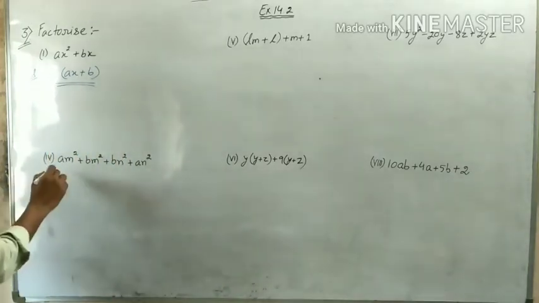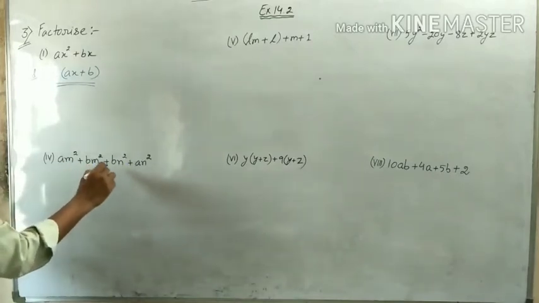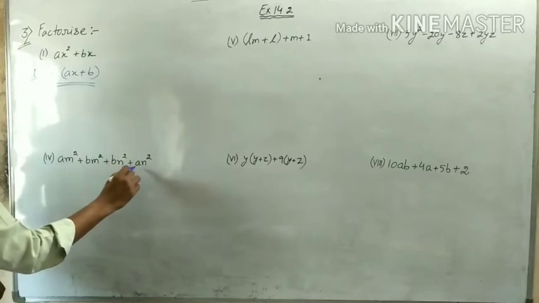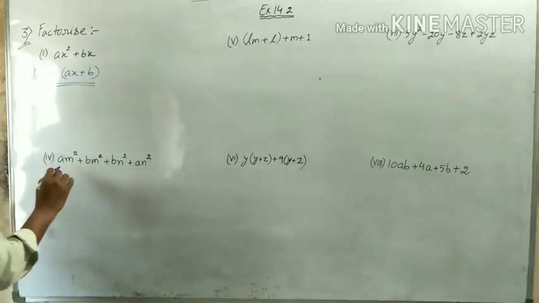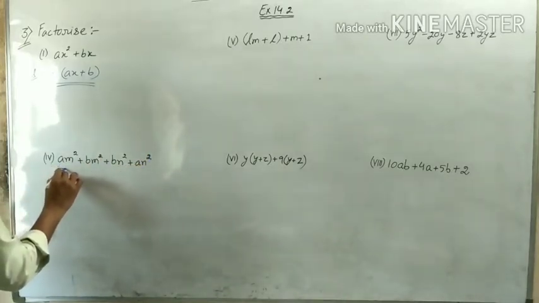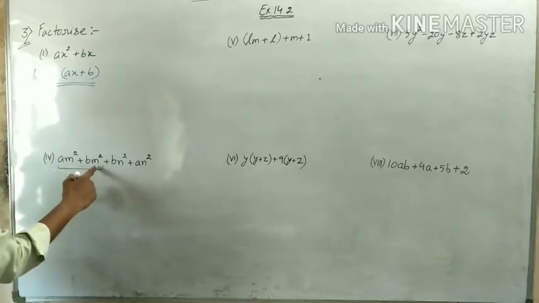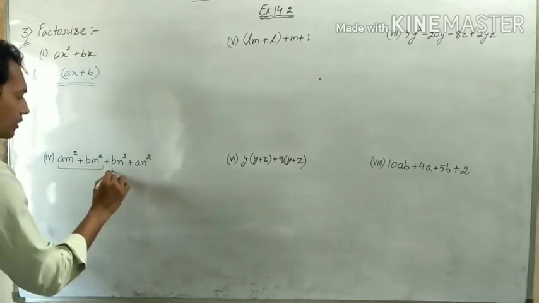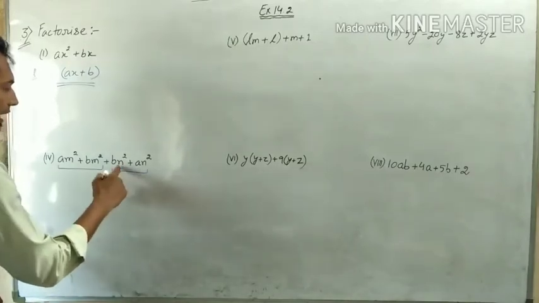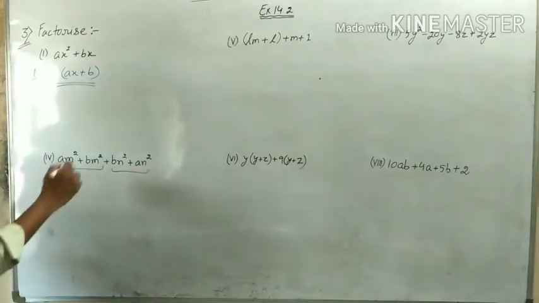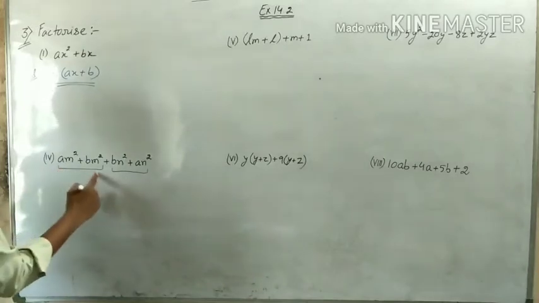Now you see here, there are 4 terms in this expression, am square plus bm square plus an square plus bn square. As you can see, students, in the first 2 terms we have something common, m square, and in the last 2 terms we have n square and n square. So we can take common from the first 2 terms.